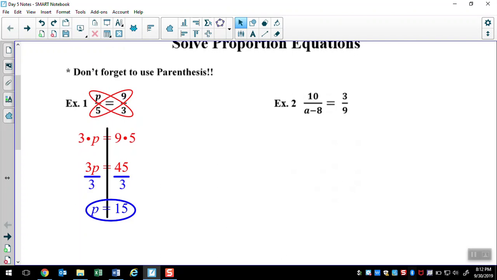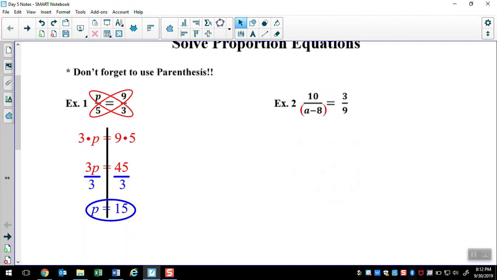But what happens when we get one that looks like this? Alright, well up here we have the star. It says don't forget to use parentheses. Whenever you have a proportion where you've got more than one term in one of the spots, we need to put that term into parentheses. Do that first. That should be the very first thing you do.